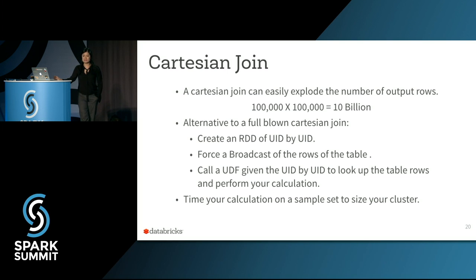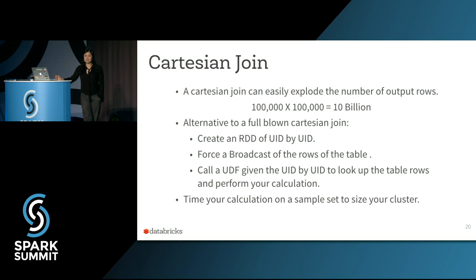So I'm going to have an object that's a hash table that, given that UID, gives me the row that I want to retrieve. Then I can create a UDF that, when I give it that UID and UID pair, can look up the two rows of the table and perform a calculation and output that. So that was how I'd actually code up the Cartesian join. And you should be able to get that working.